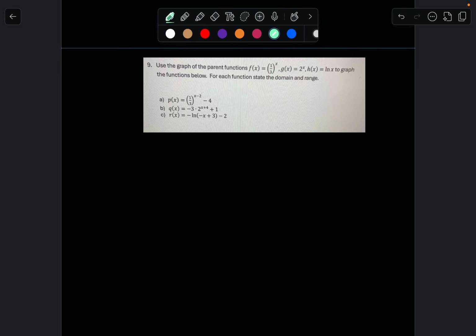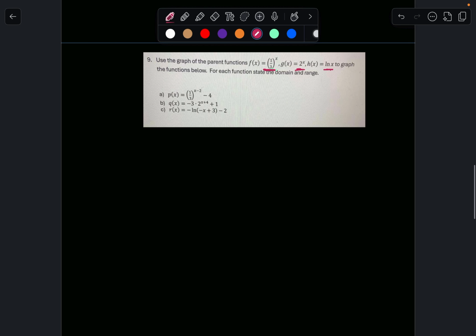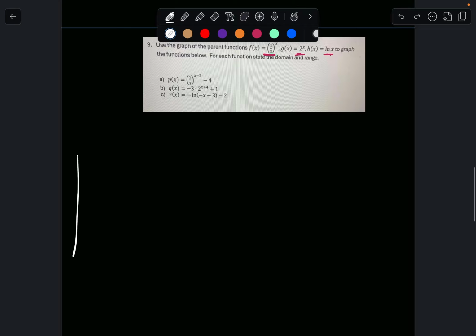Then 9. This is a mess. This function, we've got to know what it looks like. Got to know what 2 to the x looks like. Got to know what ln x looks like. That's all fun stuff, right? The parent function for all of these, 1/3 to the x. I'll draw some cute graphs really quick.